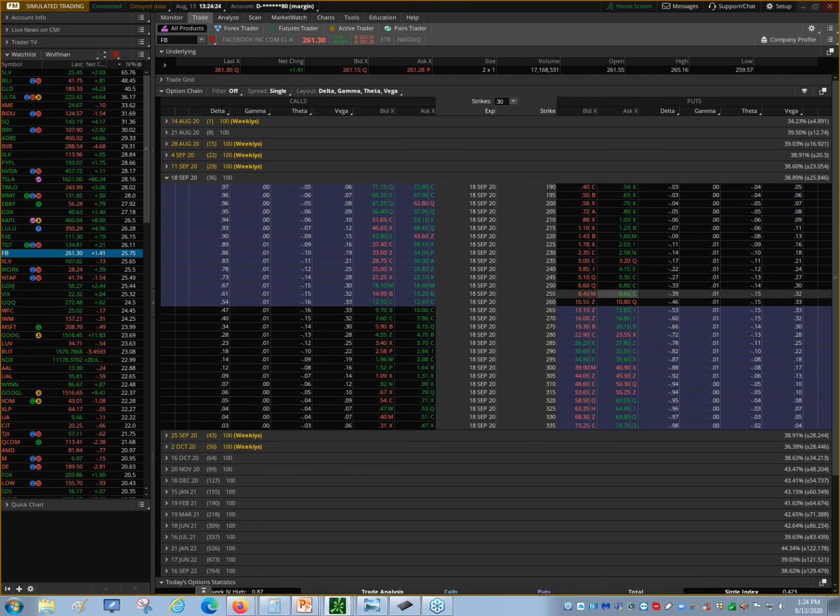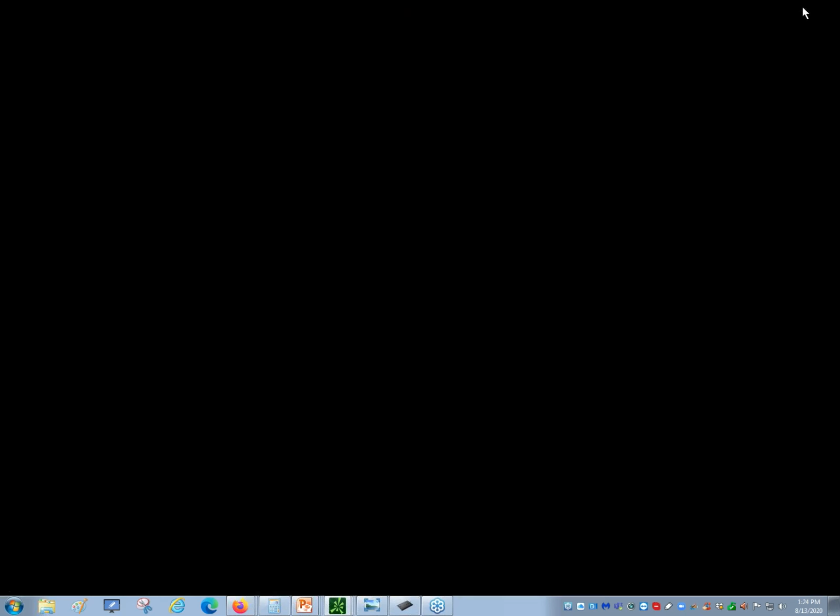Vice versa, if we had a negative dollar move, right? So now we're at 260.30. Well, then the delta on the put side, a negative plus a negative makes it a positive. So that 39 cents would then add into the puts, okay? Or the corresponding delta on the other side, right? A negative plus a positive makes that a negative to those corresponding premiums, okay? Pretty simple so far, right?